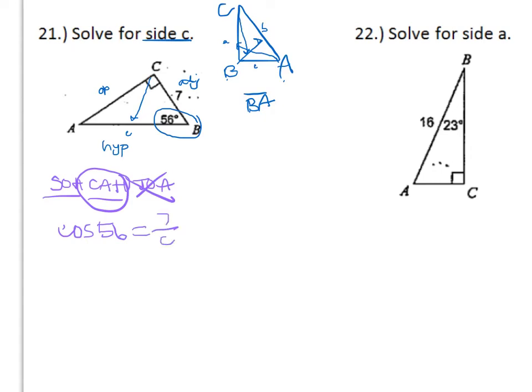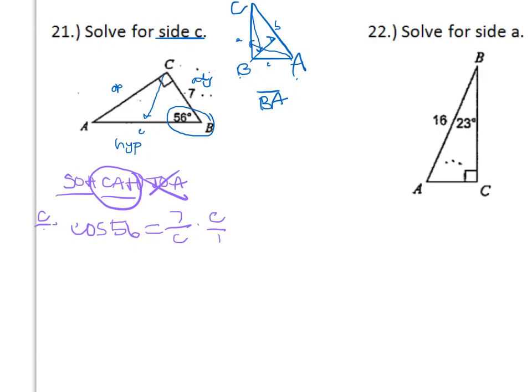Oh no, that variable's in the bottom. First thing we want to do is get it out of the denominator. That means multiplying by c over 1. What that's going to give me on this side is 7c over c. Well, c over c equals 1, and 7 times 1 equals 7. Here I'd have c times cosine 56.